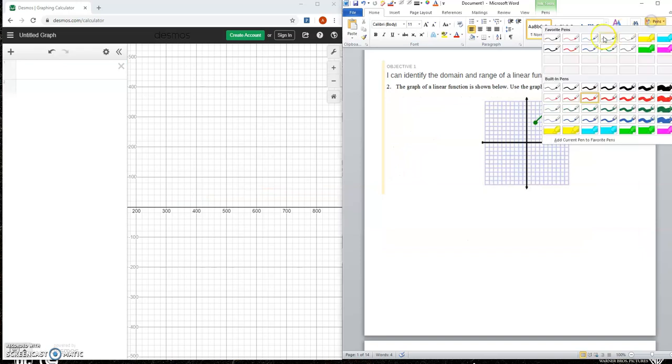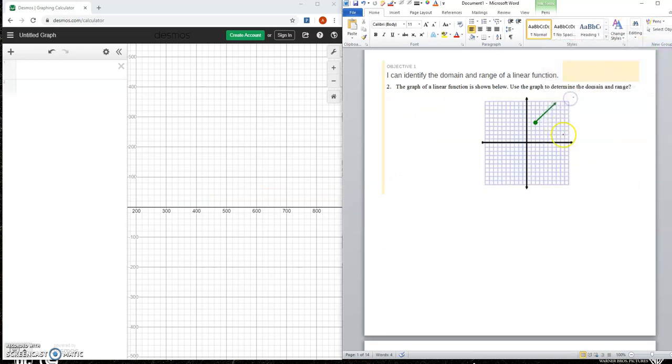Objective 2. So you have a graph again, but this time your graph is a little bit different, but follow the same procedure. Mark the left and mark the right for the domain. Your domain starts with an x and the symbol always goes that way. Your least is 2 and your greatest is infinity because that is an arrow.